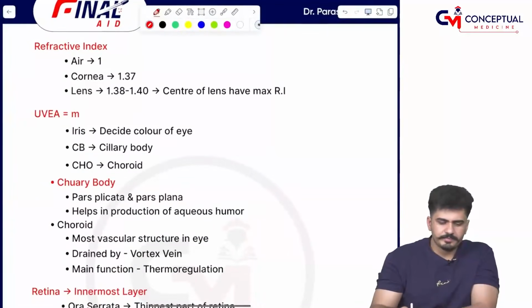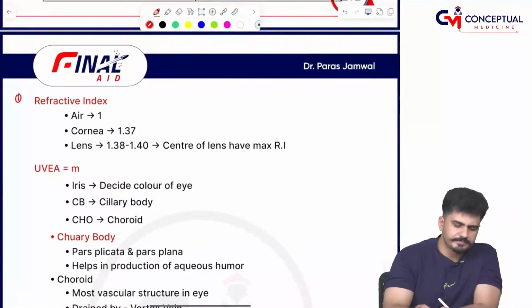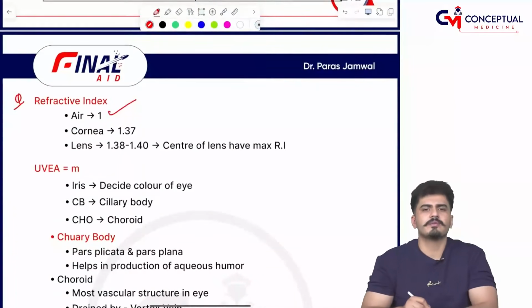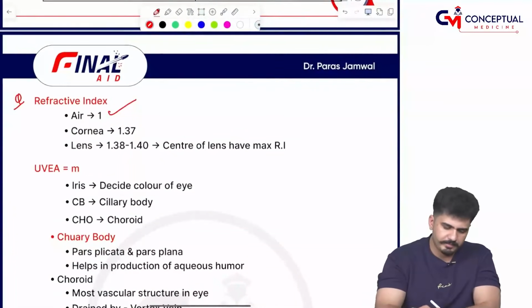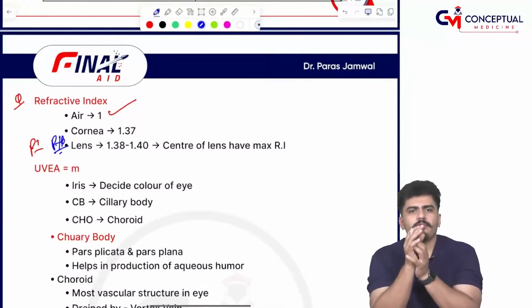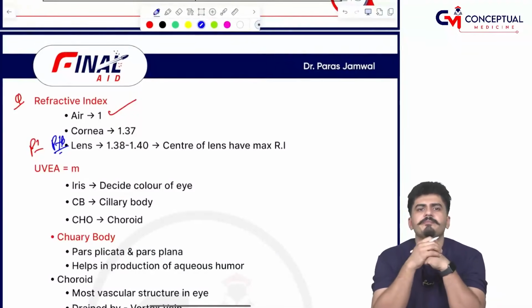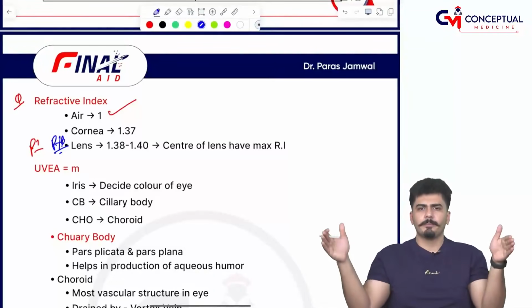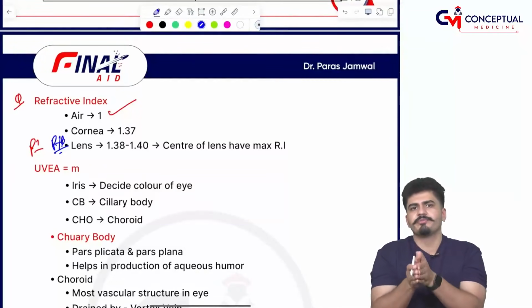Now coming to another thing, refractive index. The refractive index of air is 1, cornea is 1.37, and lens is a previous year question. PYQ. Lens, in the center we are having 1.40, periphery we are having 1.38. So in the lens it is from 1.38, starting from the periphery going to the center, that is 1.40.